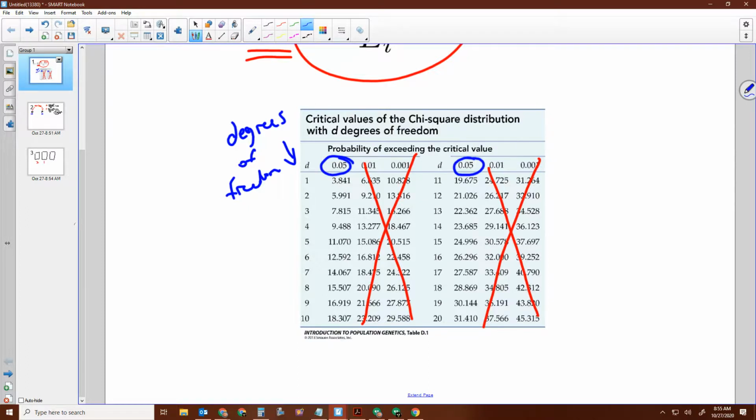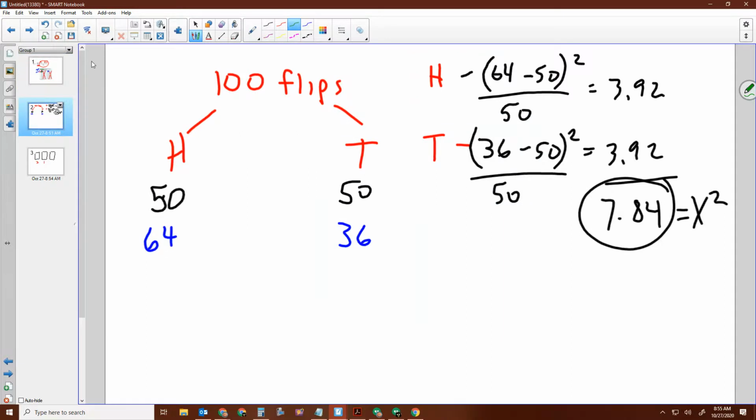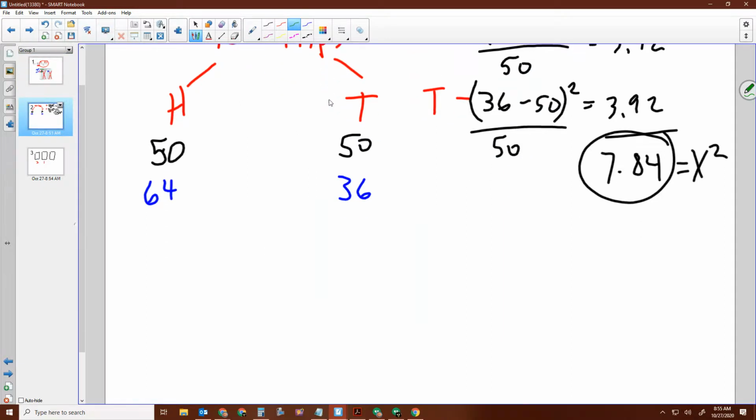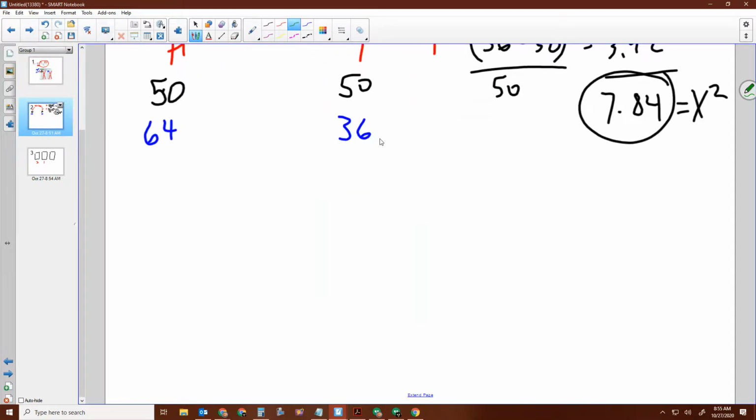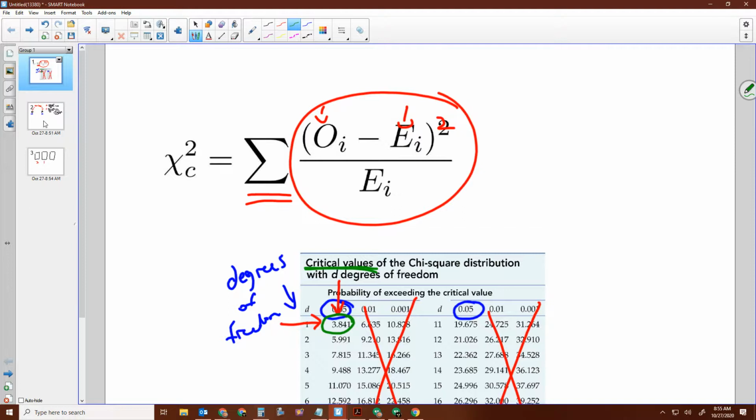And so I'm going to take my 0.05. I'm going to take my degrees of freedom as 1. And this is my critical value right here. And so I'm going to take my critical value and I'm going to compare it to my chi-square. And my critical value in this case was 3.84.